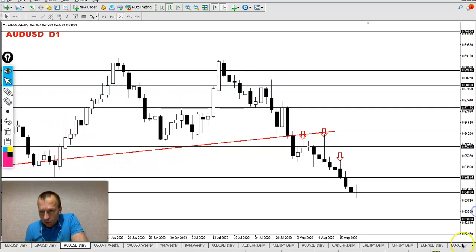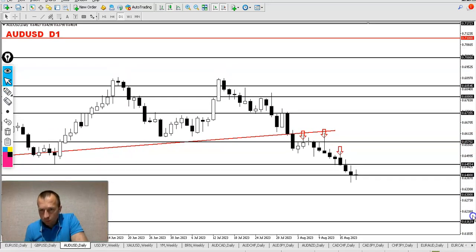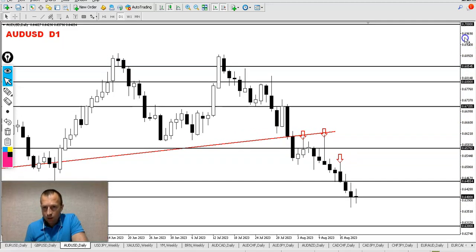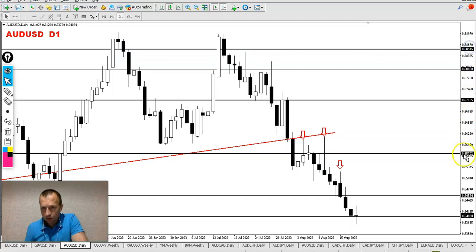So the next target is 0.63, 0.6160, and on the other hand, first resistance 0.6570, this one. So yeah, sell on strength, guys. It's all the same recommendations for these majors, because they go together, these pairs.